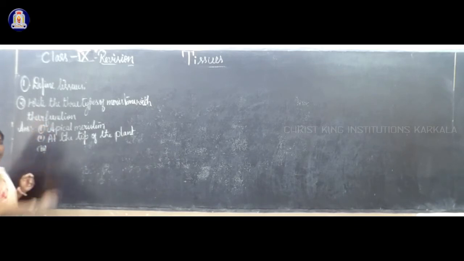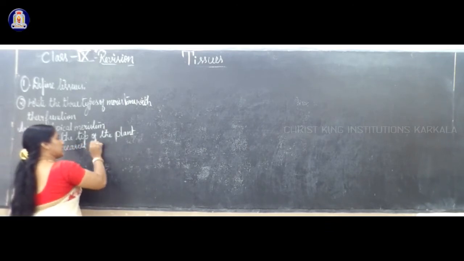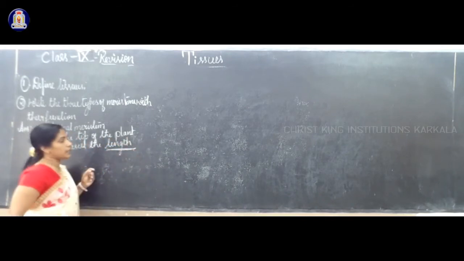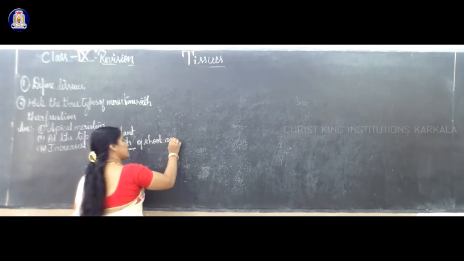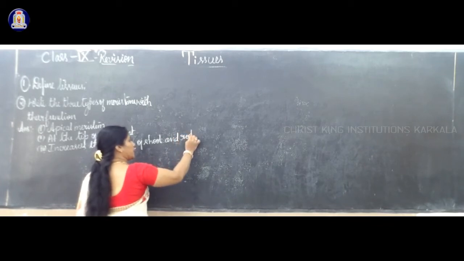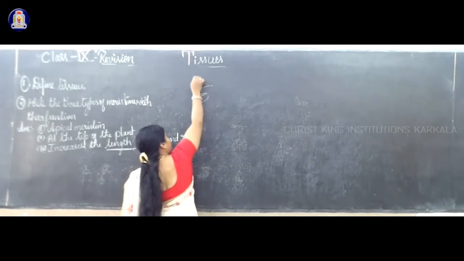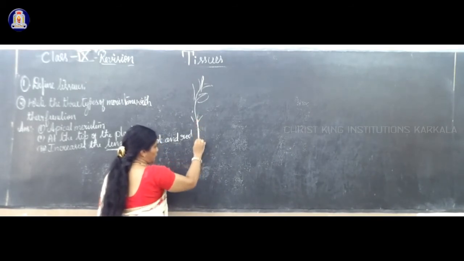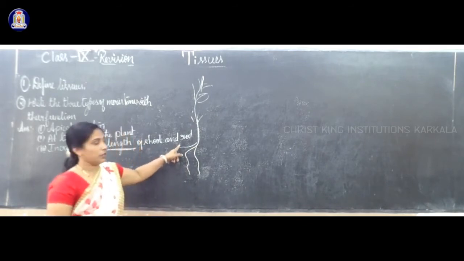What will it do? Increases the length, not the breadth, not the width. Here it is only the length of shoot and root. Meaning, the plant will grow height-wise, and if the meristem is present in the root tip also, the root tip will grow longer. So this is the question and answer.